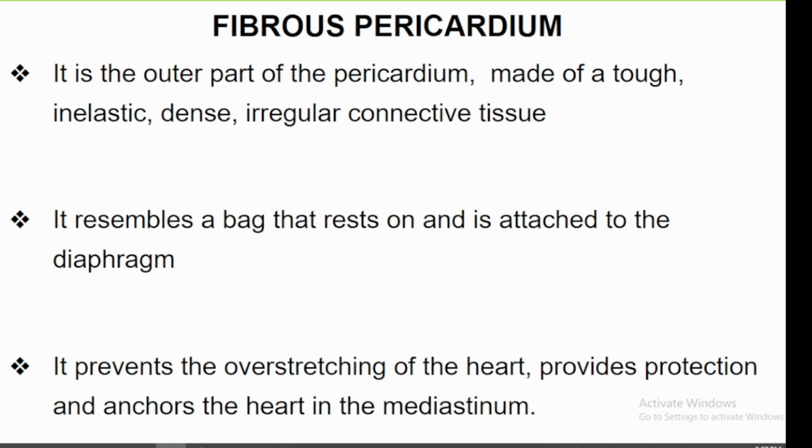People's hearts will be beating and they'll say, my heart wants to fall into my stomach. My sister, please, the heart will never fall into the stomach. It will be held in its place by the fibrous pericardium.